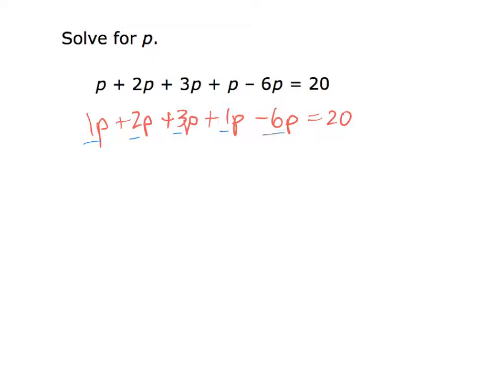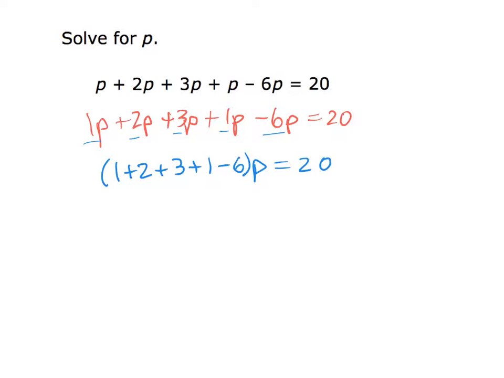Those are the numbers in front. So I'm going to rewrite this as 1 plus 2 plus 3 plus 1 more minus 6, all of that times p, because I've got 1 of p and 2 and 3 and 1 and negative 6. So I can just do this math inside the parentheses by itself and not worry about p at all. P is just sort of hanging along for the ride.